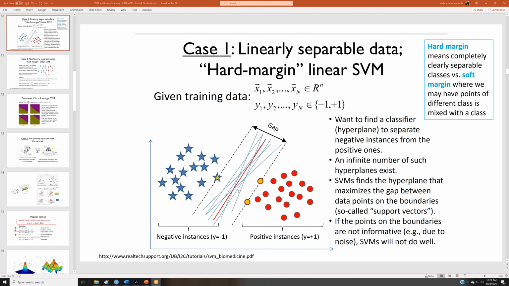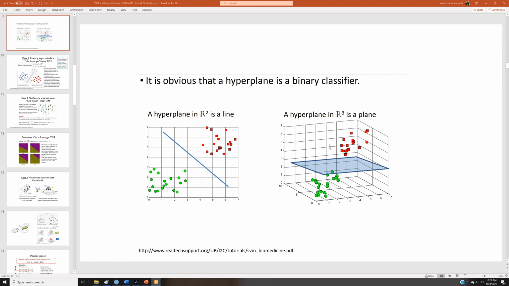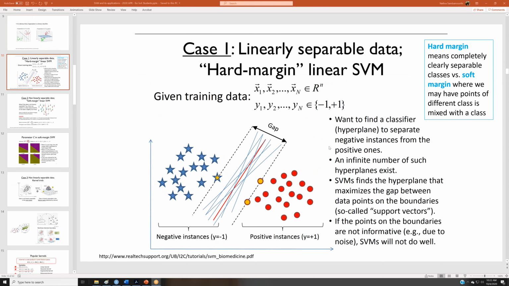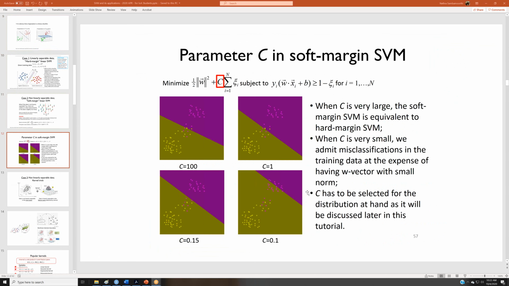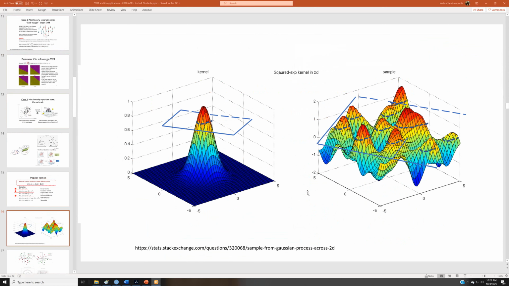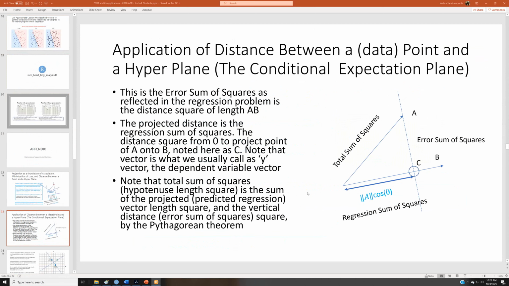So even though there are 3, your optimization is still the same thing. That's what happens: 2 divided by the norm square. And then the basis is that we think it's only 2 support vectors. Is that how you look at it?